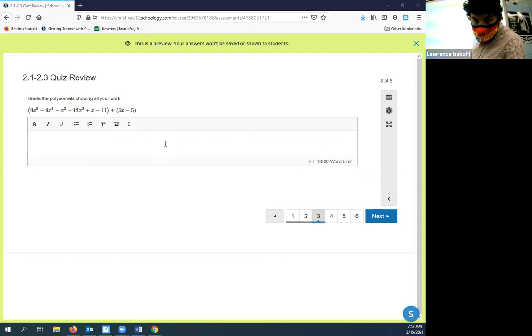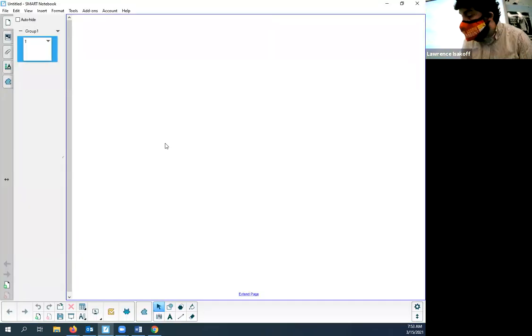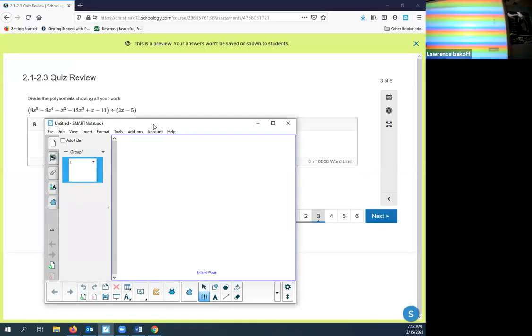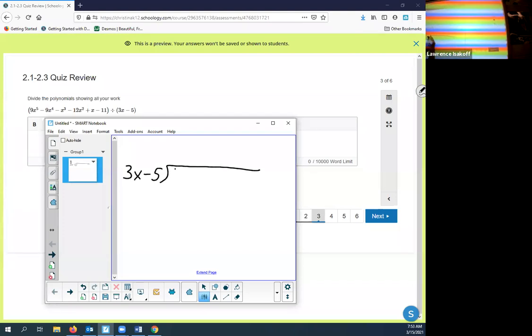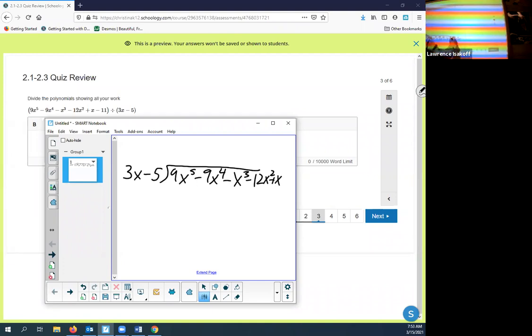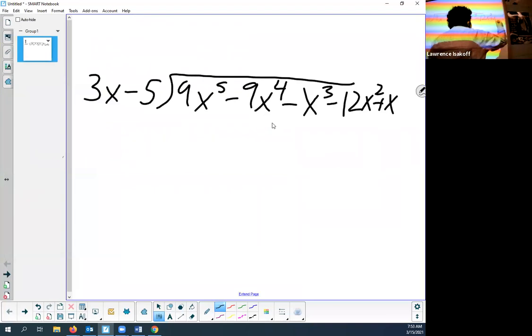So let me grab this for my scrap work and just copy down the problem to begin. So that's going to be 3x minus 5 goes into 9x to the 5th minus 9x to the 4th minus x cubed minus 12x squared plus x and then minus 11.